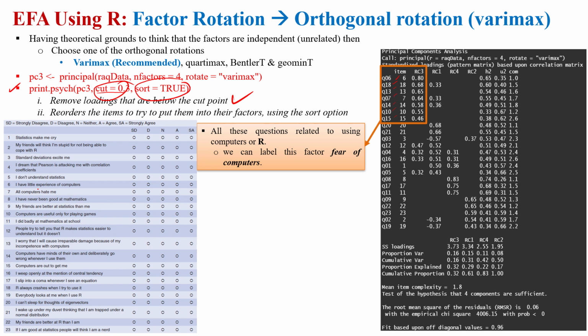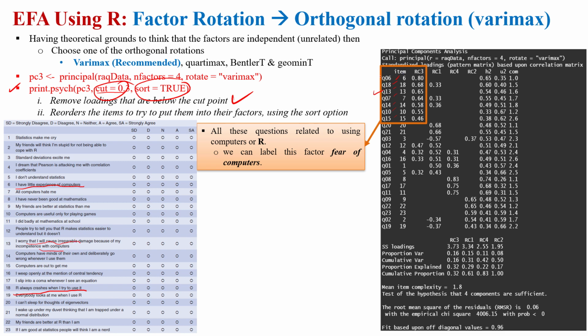Question number 6 is: I have little experience of computers. Question number 18: computers always crash when I try to use them. Question number 13: I worry that I will cause irreparable damage because of my incompetence with computers.